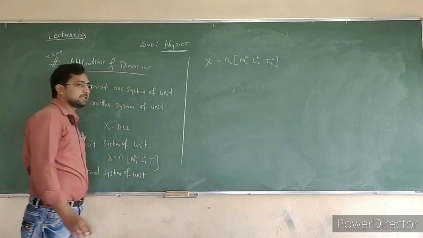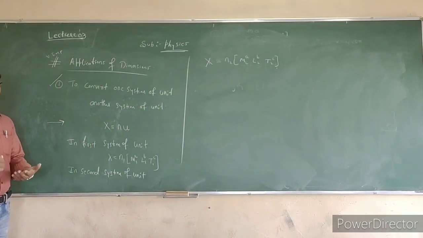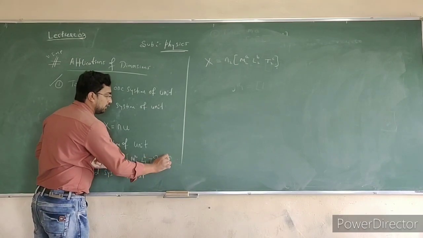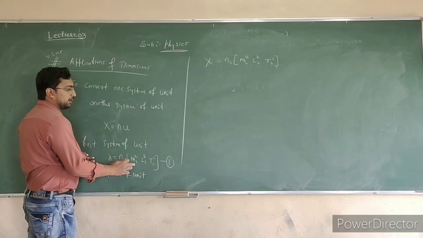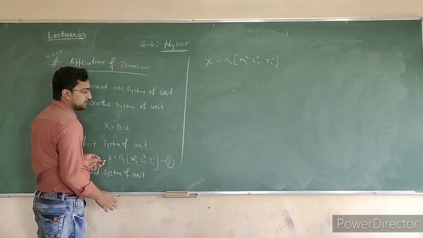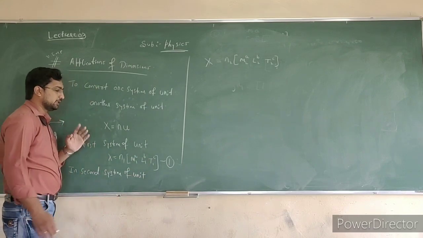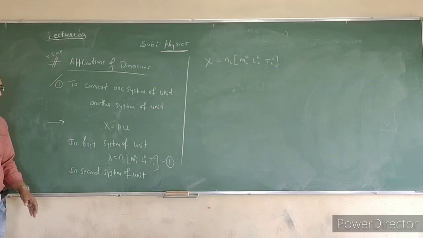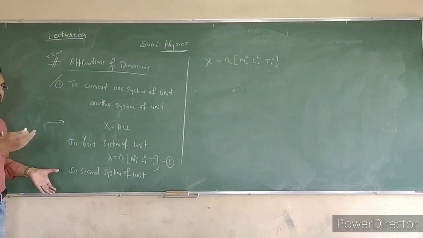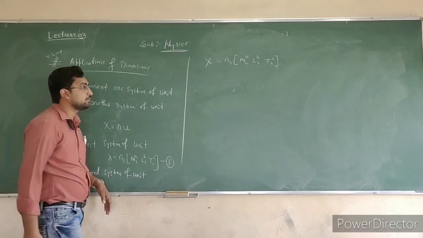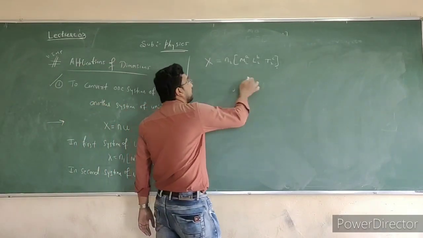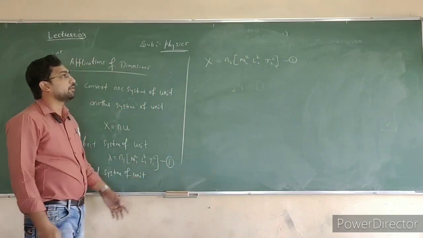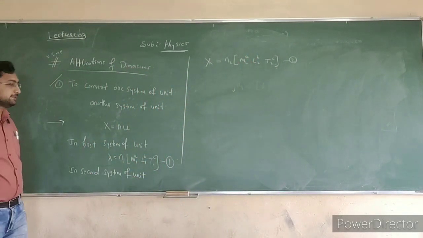Right? So the same physical quantity can be measured in two different units. This is our first expression, and the same quantity measured in the second system has this value.